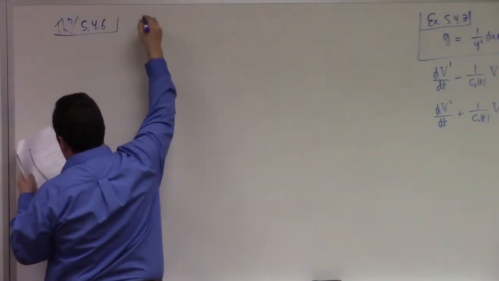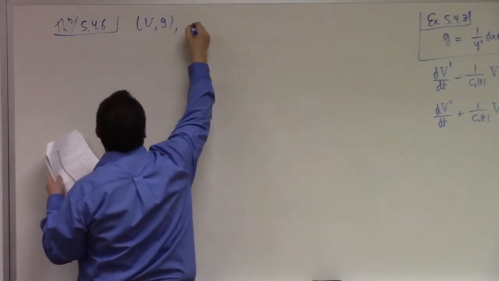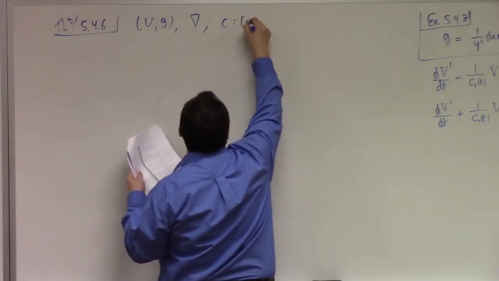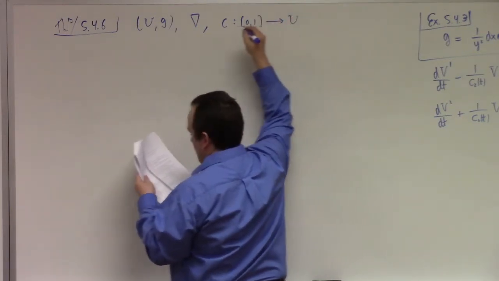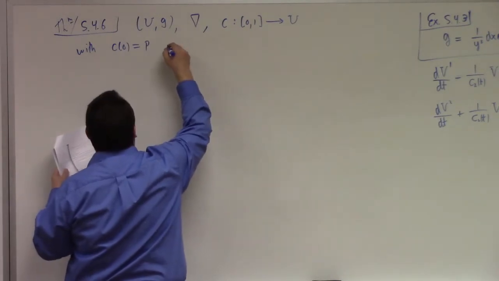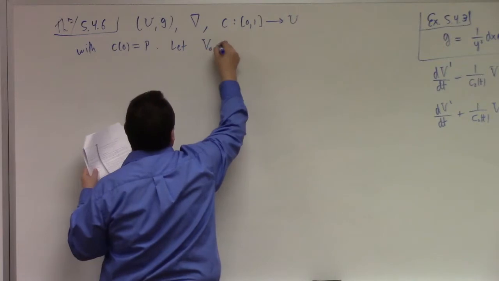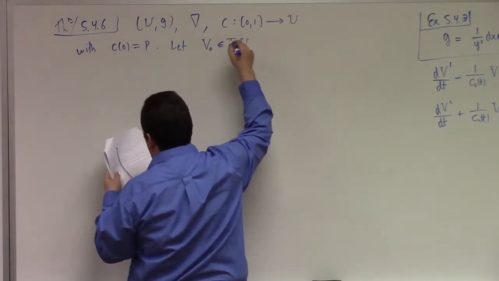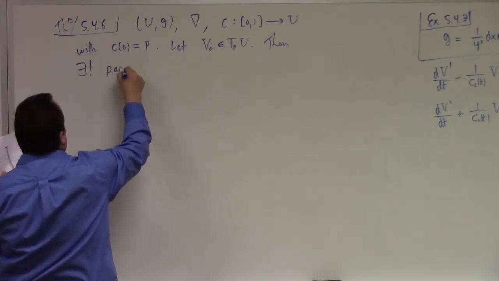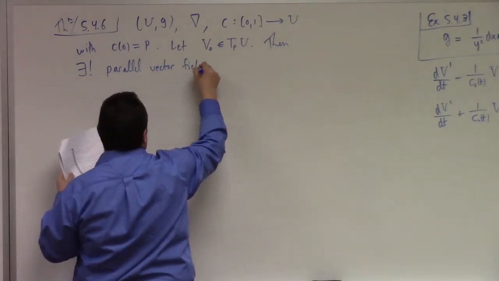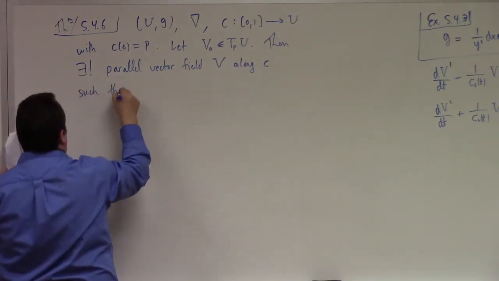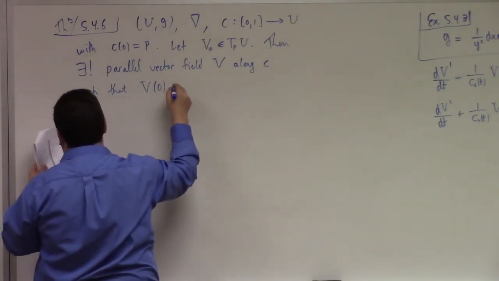What it says is that if you have a Riemannian space with a connection as usual, the Riemannian connection, and if you have a curve which goes from the unit interval 0 to 1 into U, the Riemannian space, suppose C of 0 is equal to P. He says let V naught be tangent to the space at P. Then there exists a unique parallel vector field V along C such that V at 0 is equal to V naught.